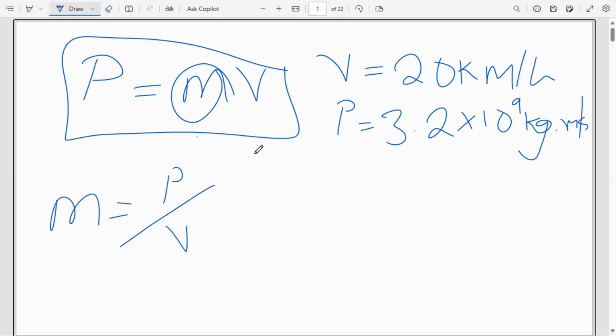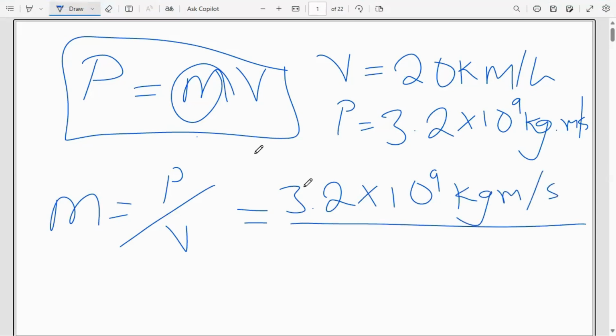If we plug in what we've been given, we end up with P, the momentum, 3.2 times 10 to the power 9 kg meter per second, over 20 kilometers per hour. But remember, we have to deal with SI units.